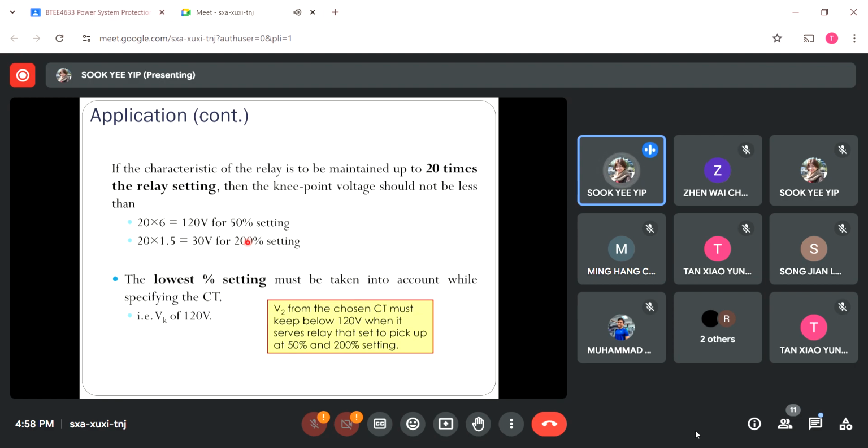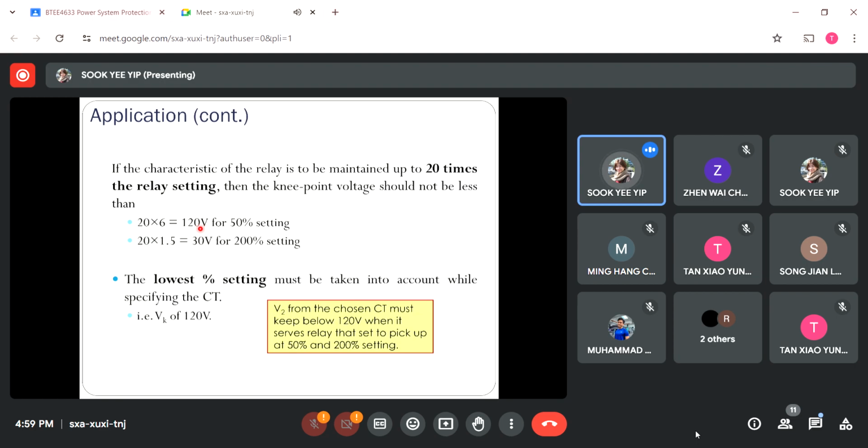So now I would like to ask you this question: how can I select? Should I select based on 50% setting, or should I select based on 200% setting for the knee point voltage of the current transformer? Anyone would like to try? If I have 50% setting, the voltage generated at the secondary side is 120 watt.